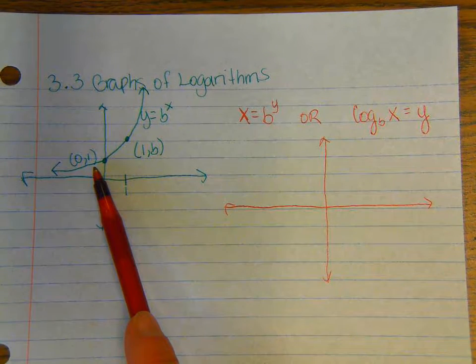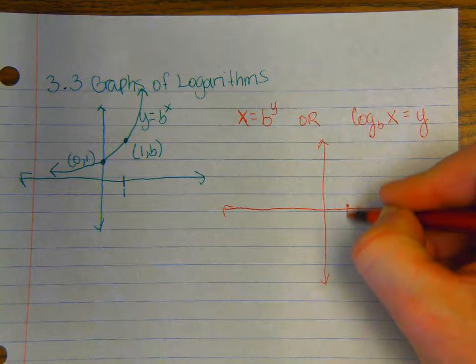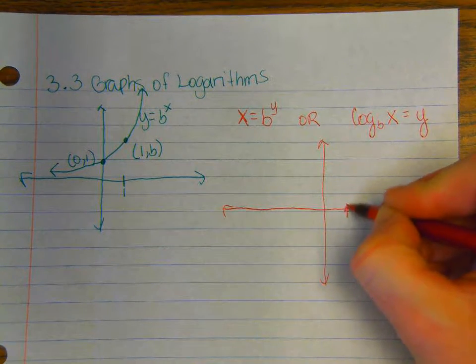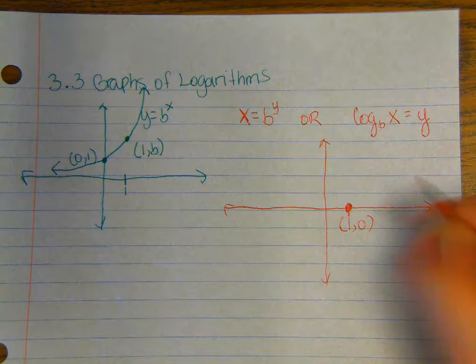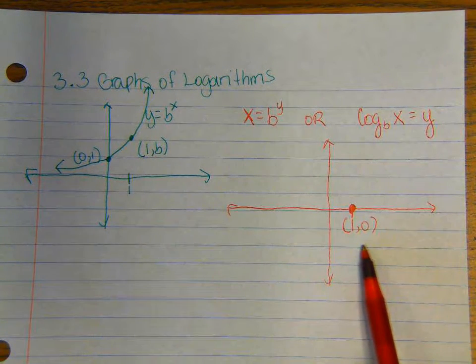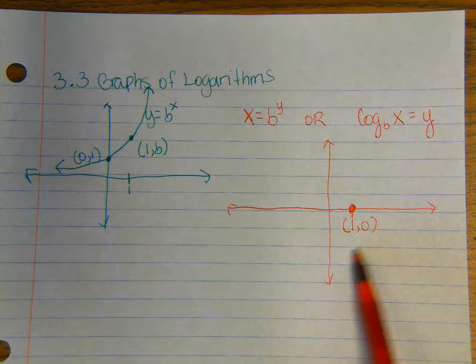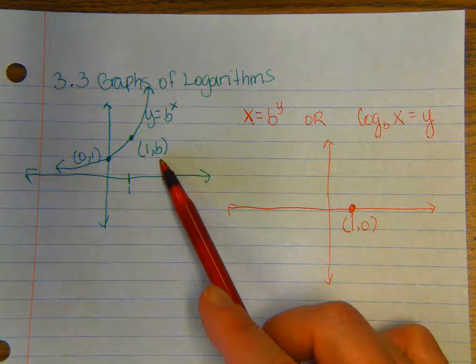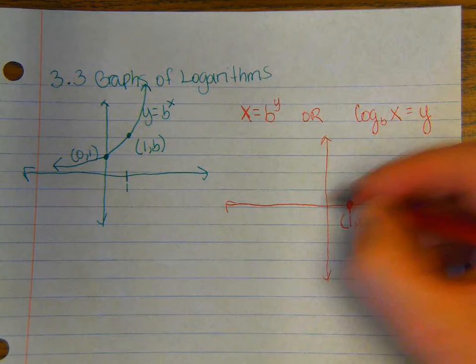So all logarithms without transformations go through the point (1, 0), because this y value is the power, the degree, and what's anything to the 0 exponent? 1. Okay, the input and output are switched around. If (1, b) is on the function, what should be on the inverse then? (b, 1). I don't know where b is, it's going to depend on what the base is, but definitely up 1.